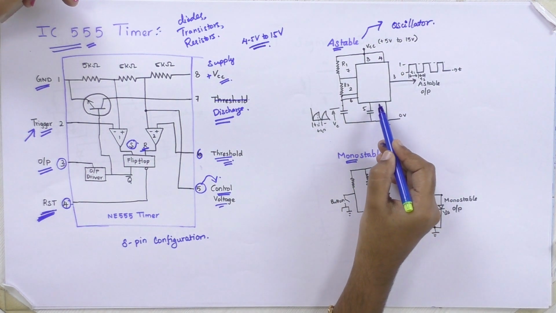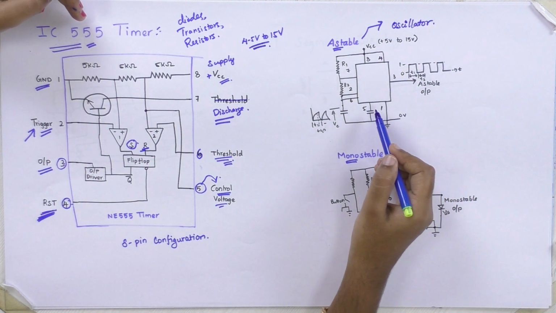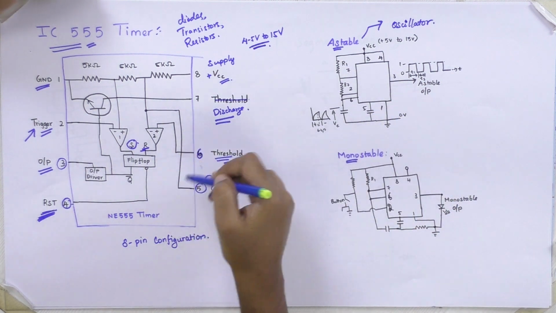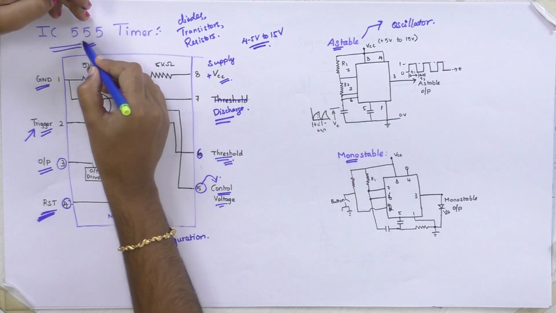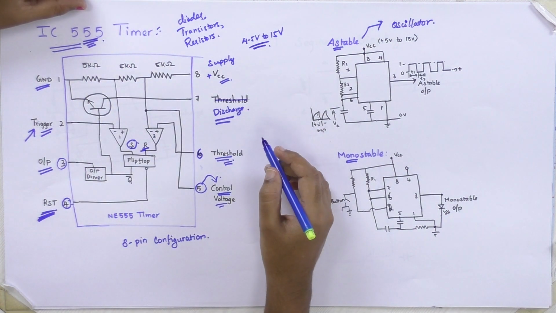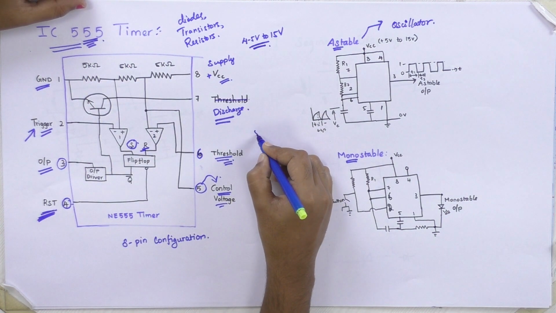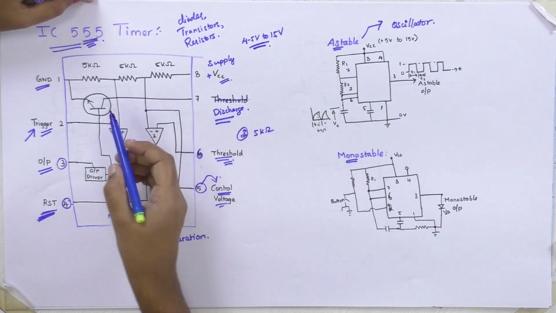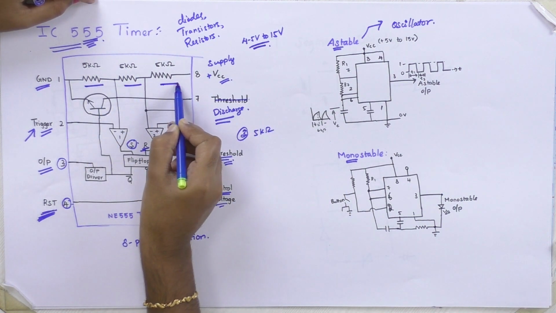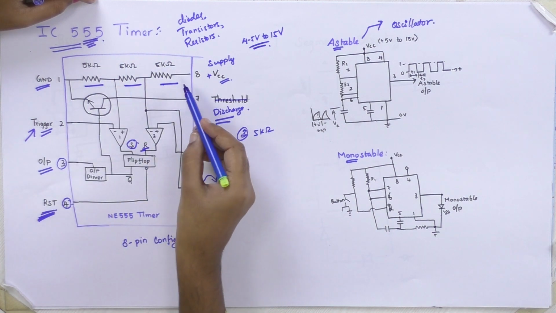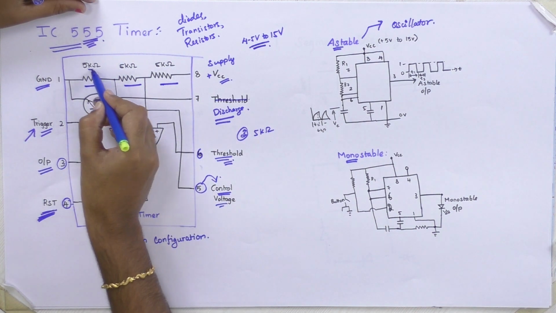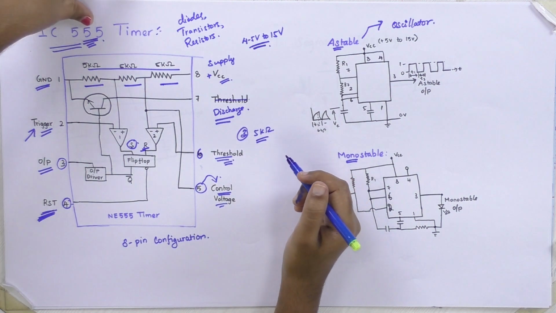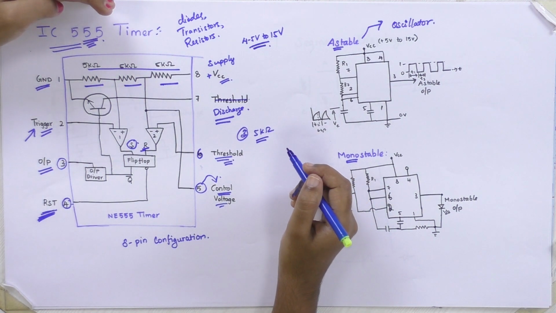This is the configuration in which you will be connecting a resistor and capacitor to the pins. The name 555 timer has come from the three 5 kilo ohm resistors present in the circuit for controlling it. This is how it is named.